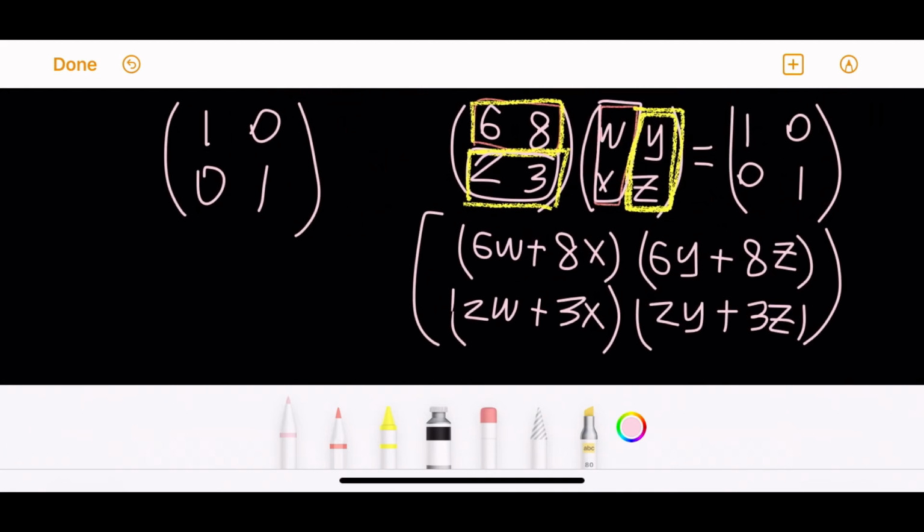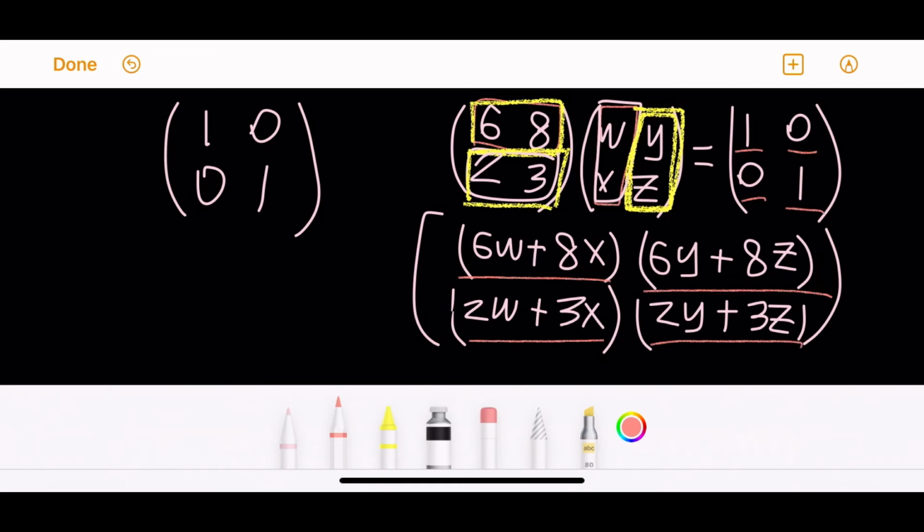You will see that there are 4 algebraic expressions, and the corresponding ones will equal the identity matrix. So this first one would equal 1, the second one will equal 0, the third one will equal 0, the fourth one is 1.